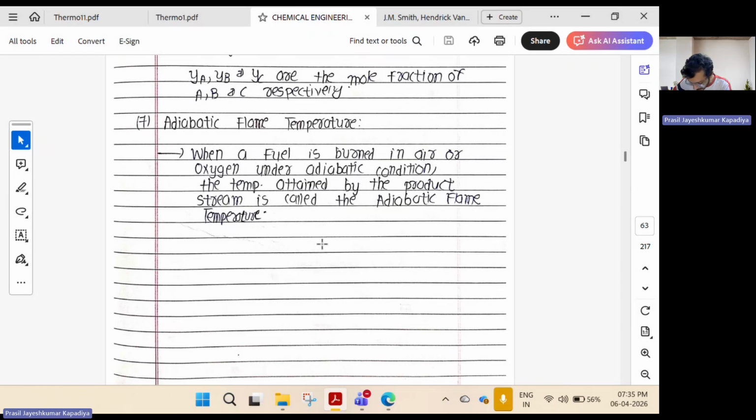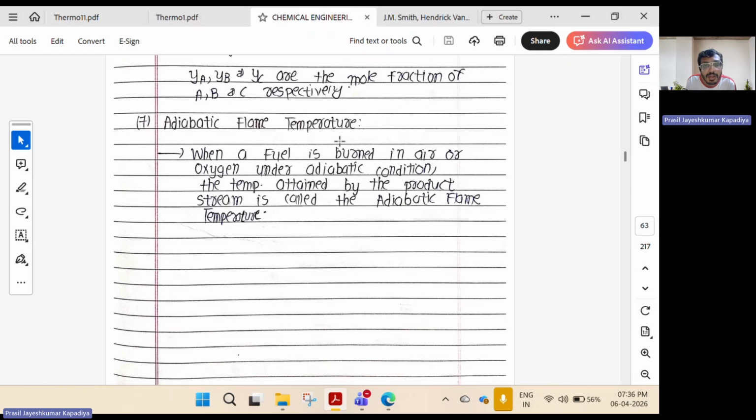That is basically given by the adiabatic flame temperature. It is important to know the maximum attainable temperature when we are going to burn a fuel. So when a fuel is burned in air or oxygen under adiabatic conditions, the temperature attained by the product stream is known as the adiabatic flame temperature. The calculated temperature is the maximum, with the assumption of adiabatic operation of the burner.